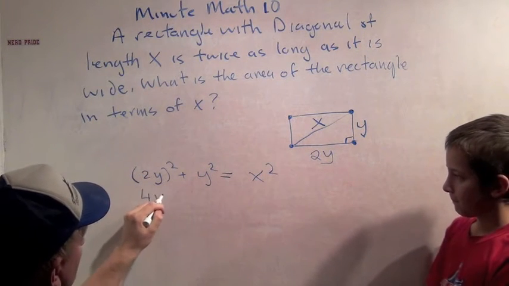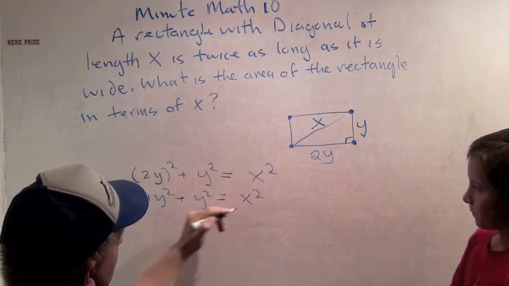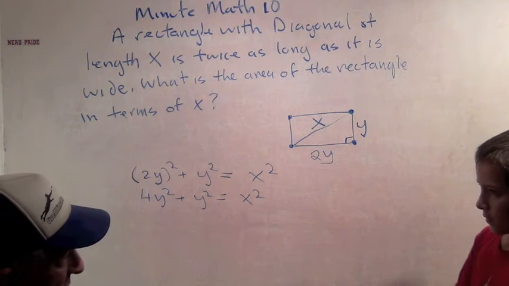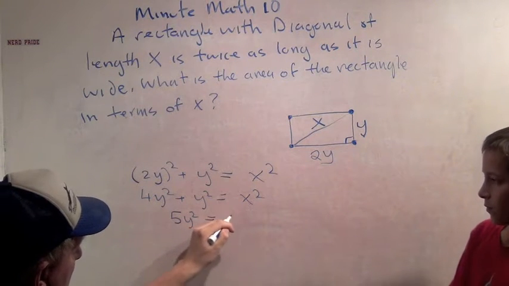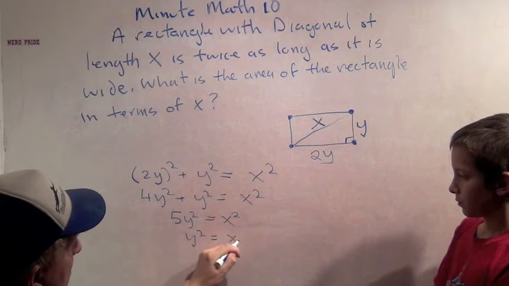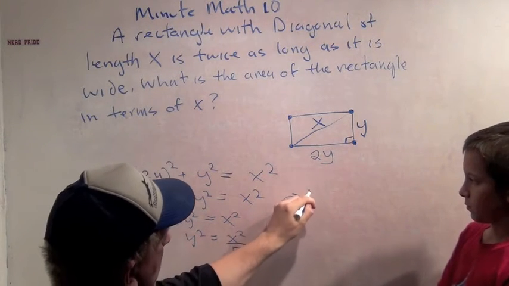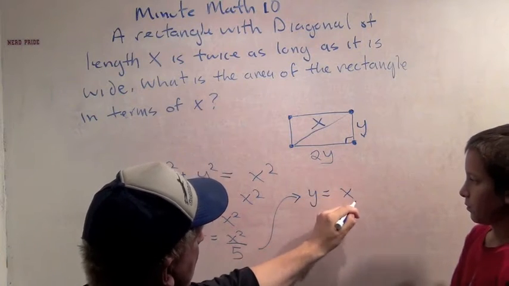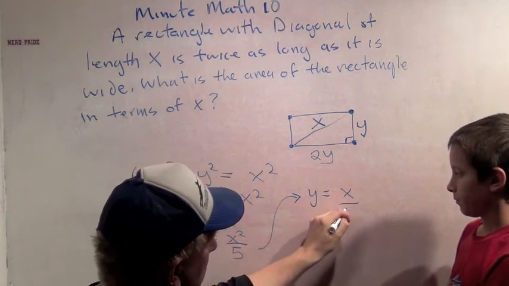Or 4y squared plus y squared is x squared. And what is 4y squared plus y squared equal to? 5y squared. 5y squared equals x squared. So y squared equals x squared over 5. Taking the square root of both sides, y equals x divided by the square root of 5.